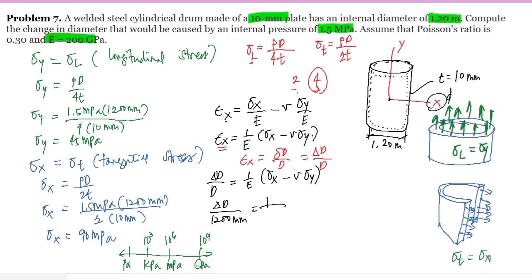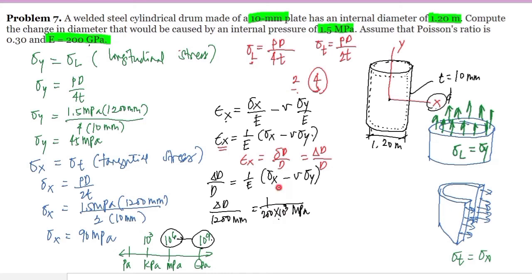Since this is in gigapascal, we are going to shift from giga to mega. So 9 minus 6 is 3. The 200 gigapascal is 200 times 10 to the 3 megapascal.